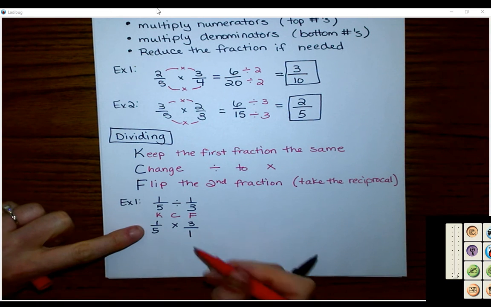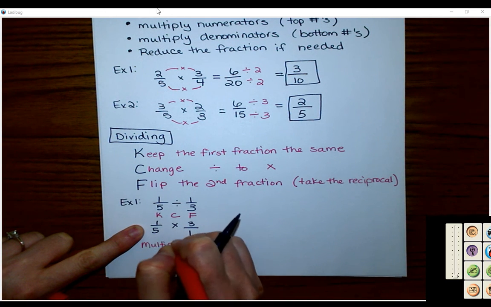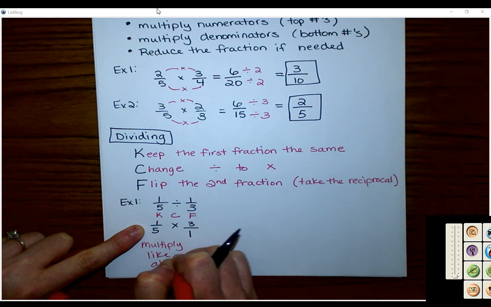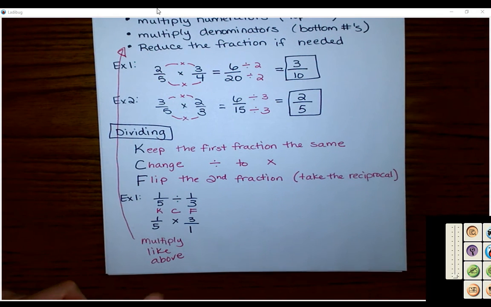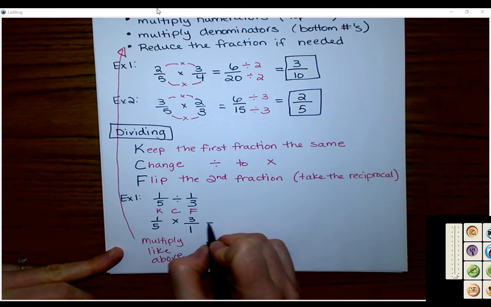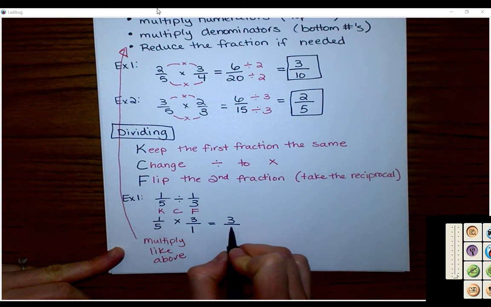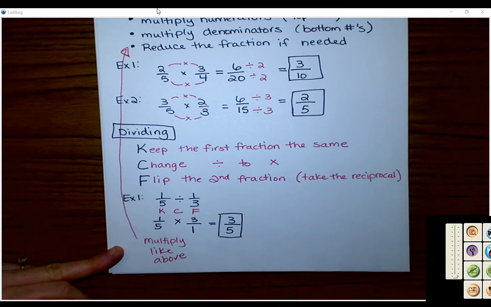Now I just have a multiplication problem, like above, where we had our steps up top. So multiply the numerators. 1 times 3 is 3. Multiply the denominators. 5 times 1 is 5. And this is already in simplest form, so I don't need to reduce.